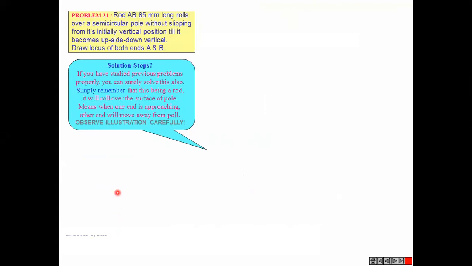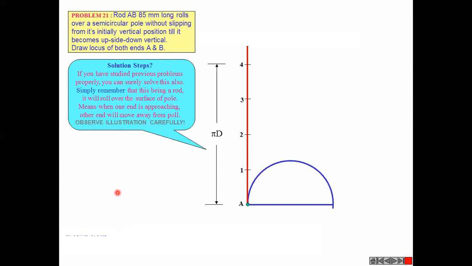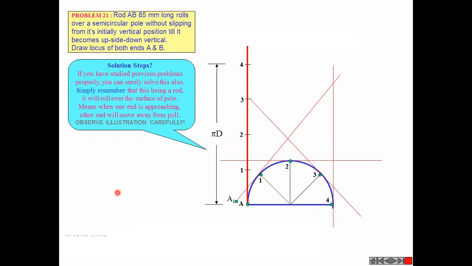We also saw if a bar is moving upon a semicircle, how it will move. First it will get tilted, B point will come downwards, then A point will slightly move.